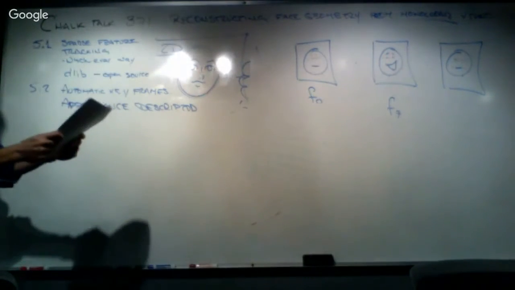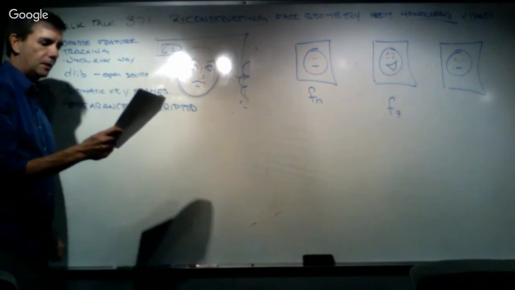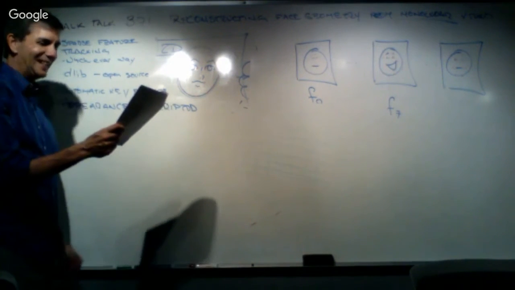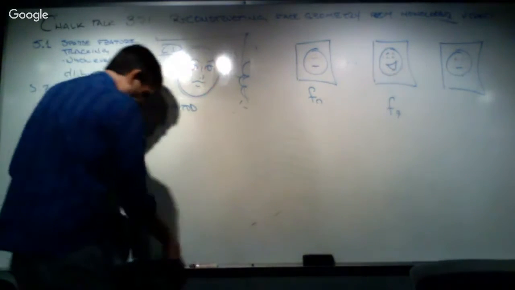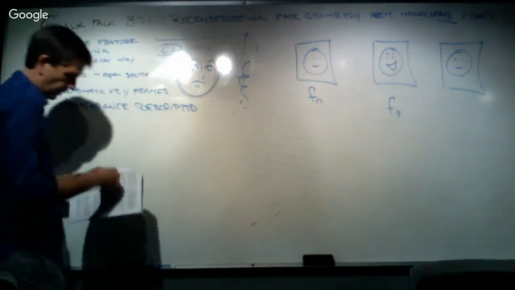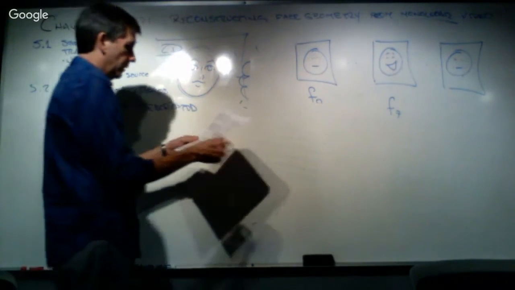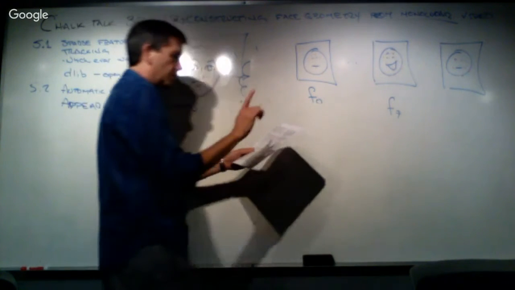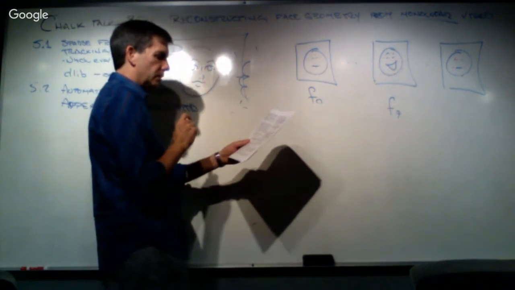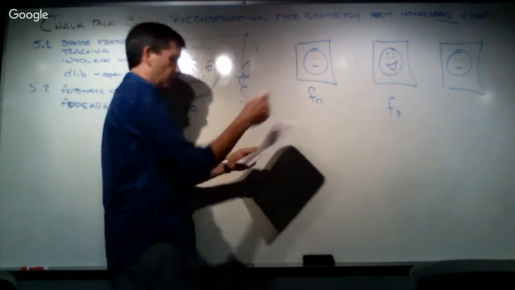So if we assume that we have a keyframe at time capital T, then we compute the feature localizations at a later time.